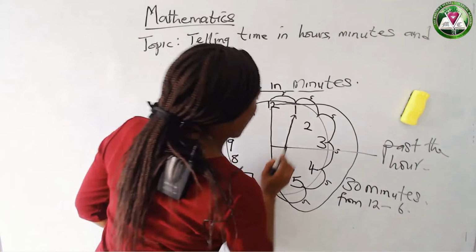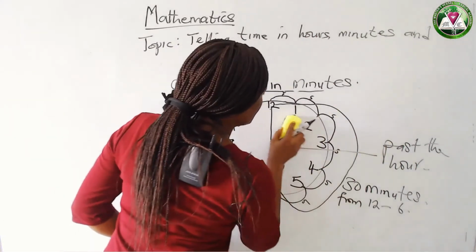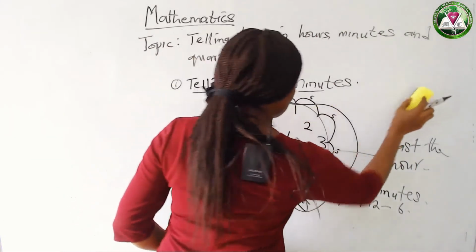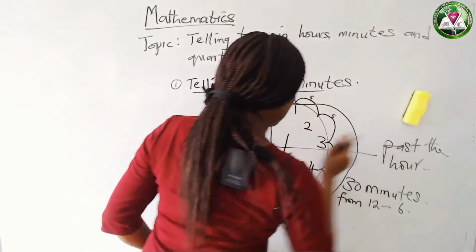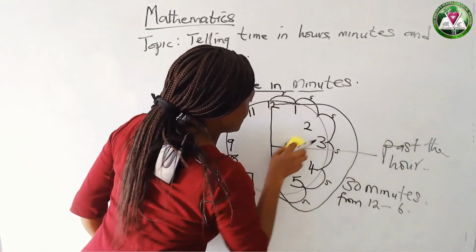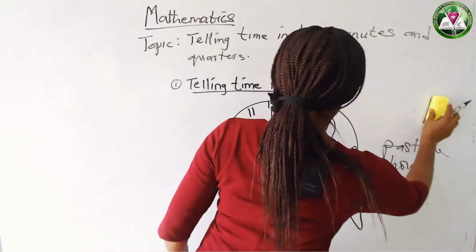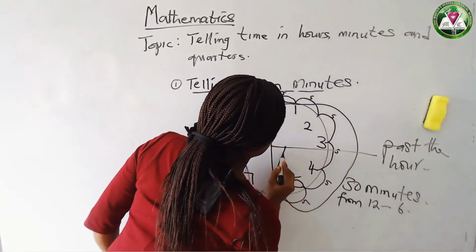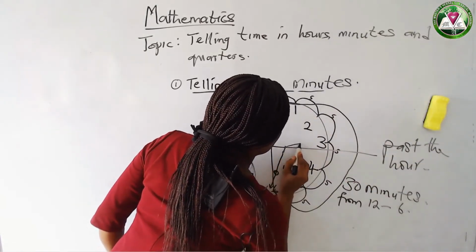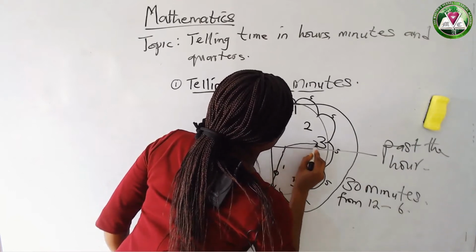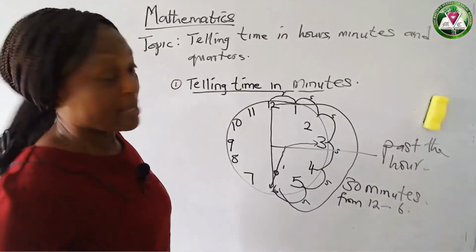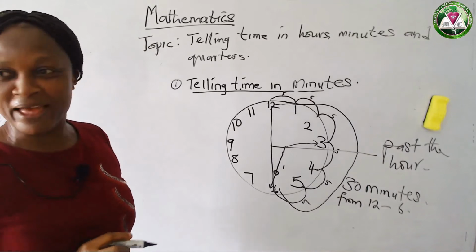Assuming the long hand, let's just change the long hand. Let's just assume that this long hand is at this point. Who can tell me what is the time there?